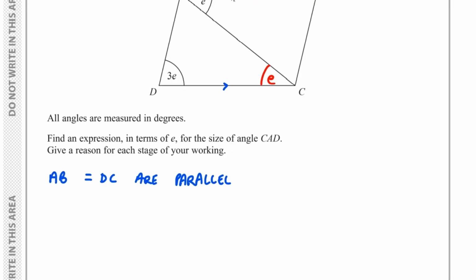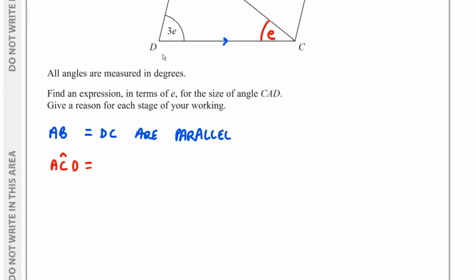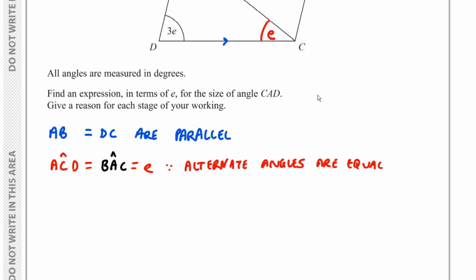And then ACD is equal to the angle BAC, which is equal to E. And the reason for this is because the alternate angles are equal.